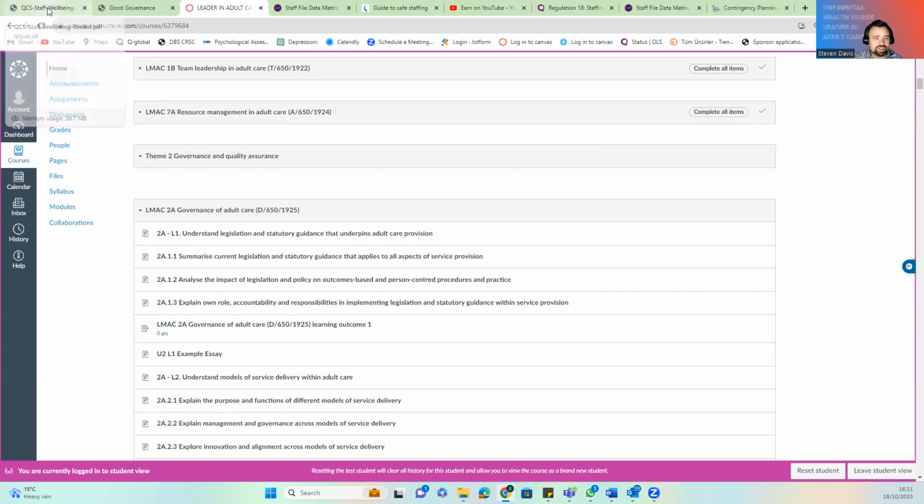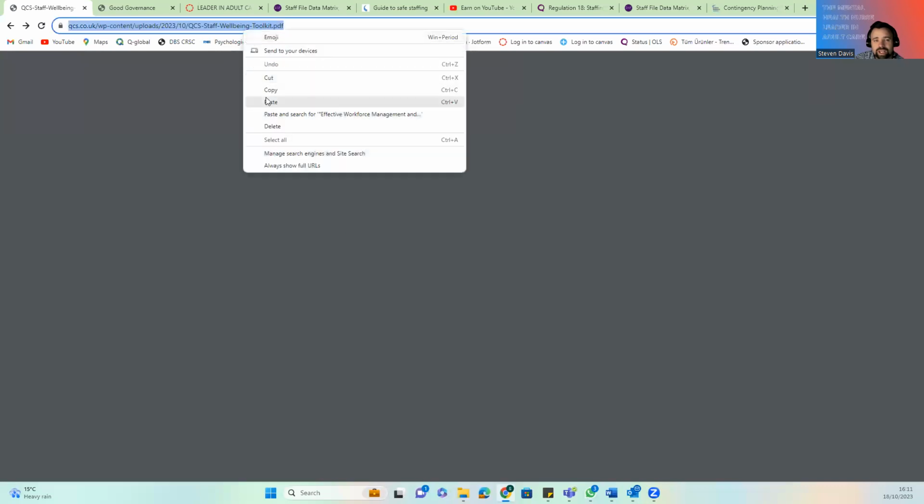One of the things that I was going to show you about staff wellbeing, when you think about your resources, I'll add this in as well. Here is a wellbeing toolkit. I'll add this in for you so you can have a look at this. So again, this was developed by QCS.